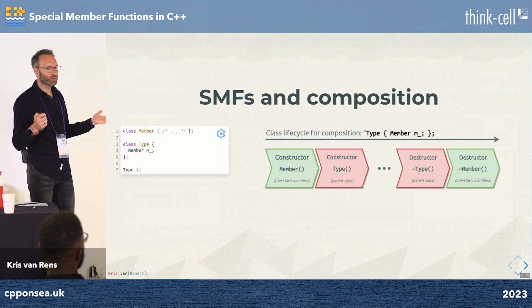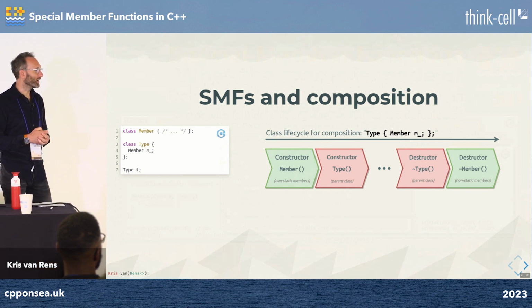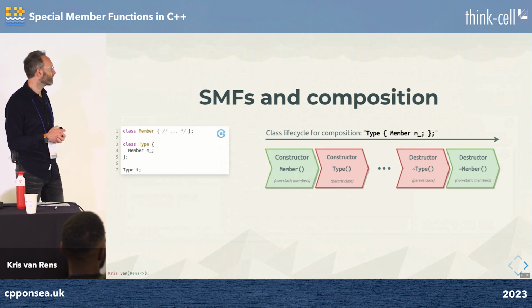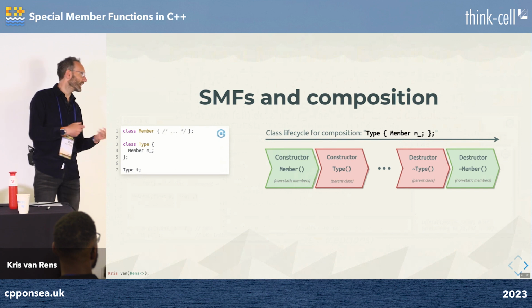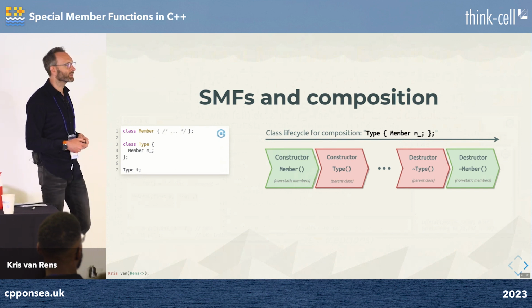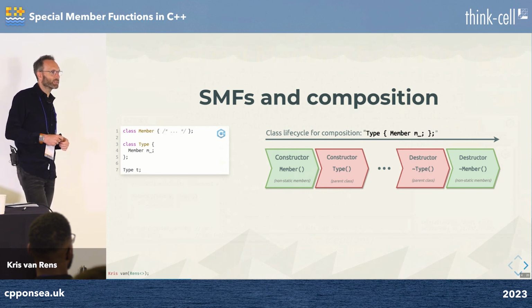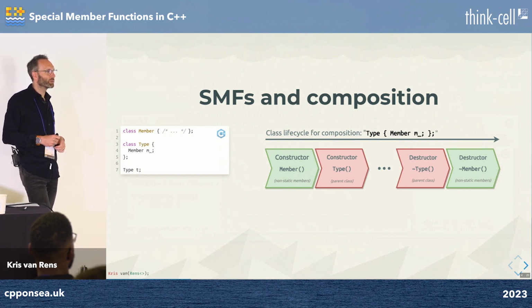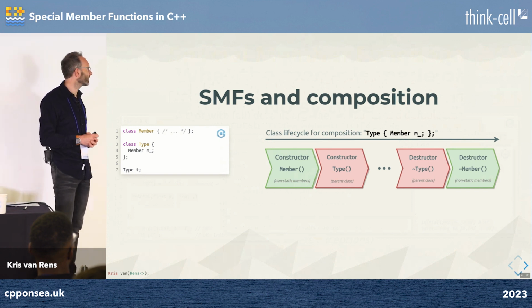And of course, most of you know this, but just for the sake of being comprehensive, we're going to repeat this. If we have a composition of an object type here, and it has a non-static member of type member, of course the member will be initialized first, and only then will the type be constructed, which perhaps on a first glance doesn't make much sense, but the member has to be finished before the type can construct itself, of course.